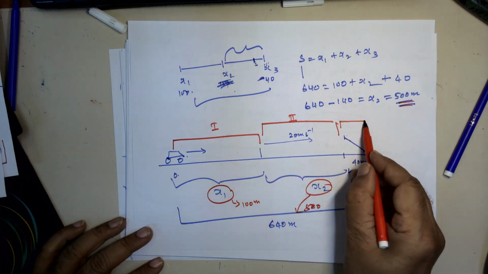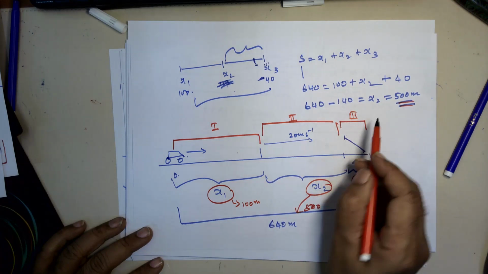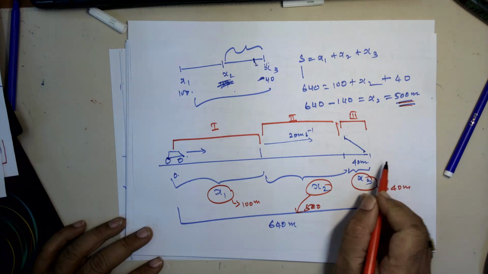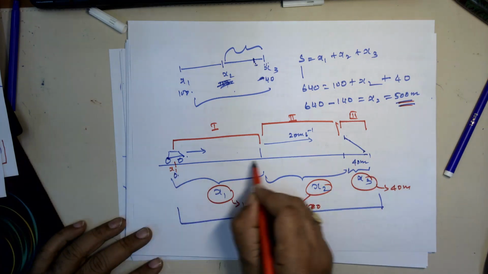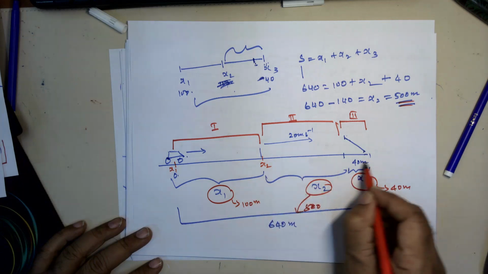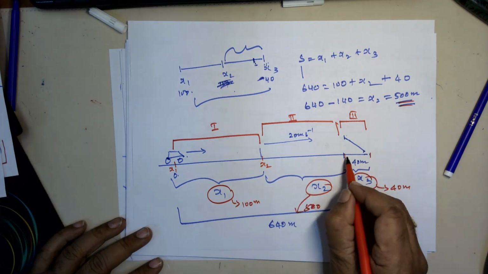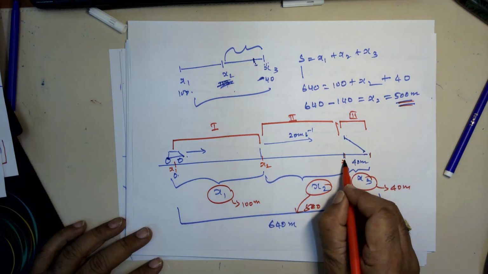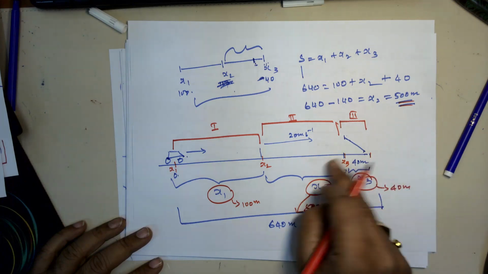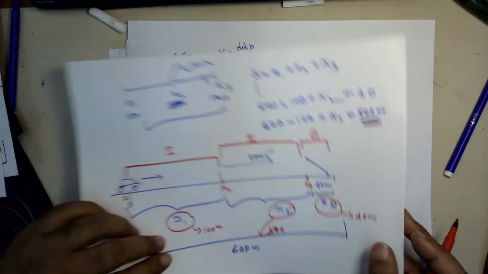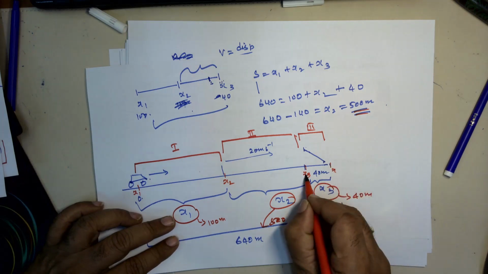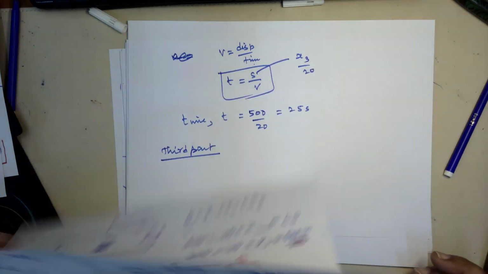And from this to this is the third part. So draw this diagram. So this is x1, this is x2, this is x3, right? Now you can put x3 here safely because it is in between position.